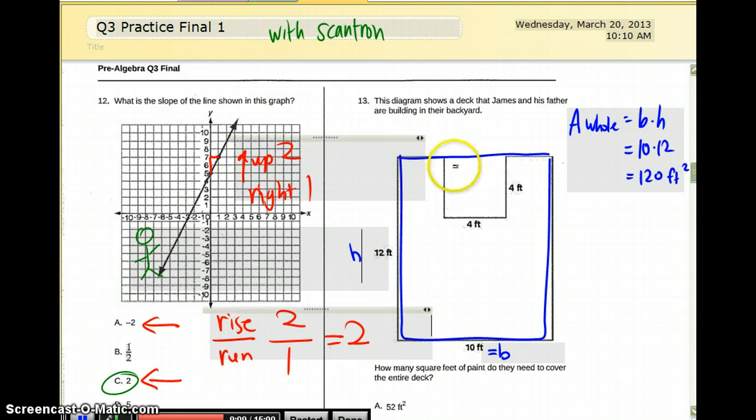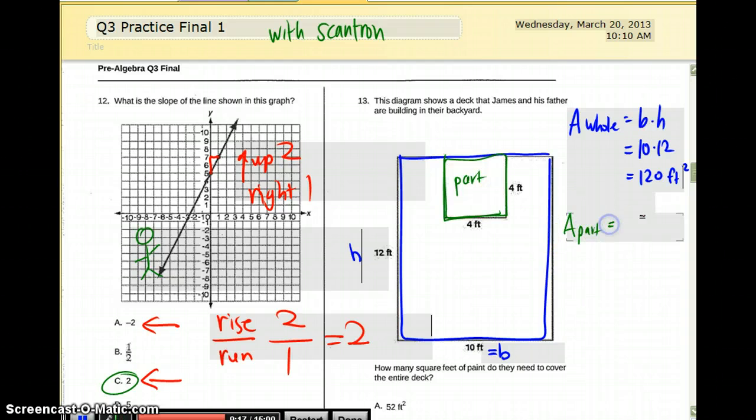Okay, but let's say that I didn't want this piece right here. If I find the area of that part, it would be base times height, because it's a nice square, 4 times 4, which would give me 16 feet squared. Now, because I don't want that part, I would have to subtract it out. I'd be cutting it out.